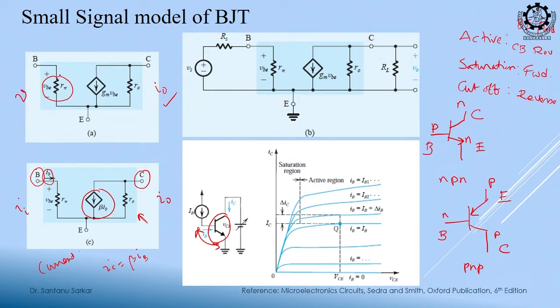So, if this input is VBE, because of this VBE I will get a current of IC. So, how to get a current from a voltage? We have to multiply it with transconductance. Transconductance means what? I by V. So, VBE will get cancelled, you will get I, right.